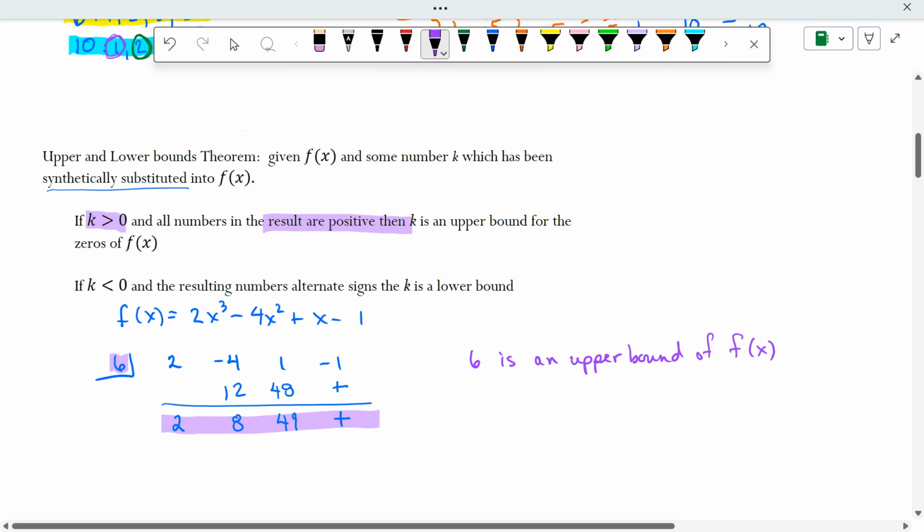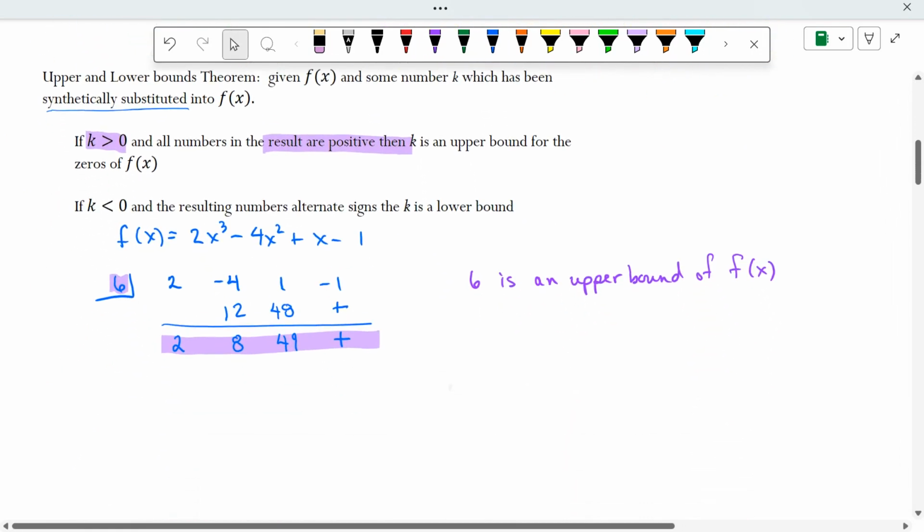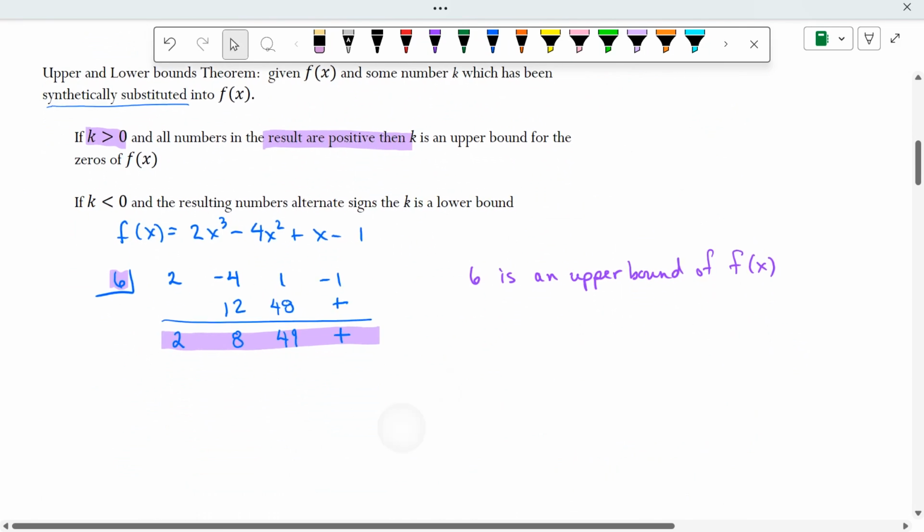That means there will be no zeros above 6. So if I were looking at this, it doesn't help on there. But if I knew a new upper bound was 2, now anything bigger than 2 I don't have to test. If I know 6 is an upper bound, any possible root bigger than 6 I would not have to test.